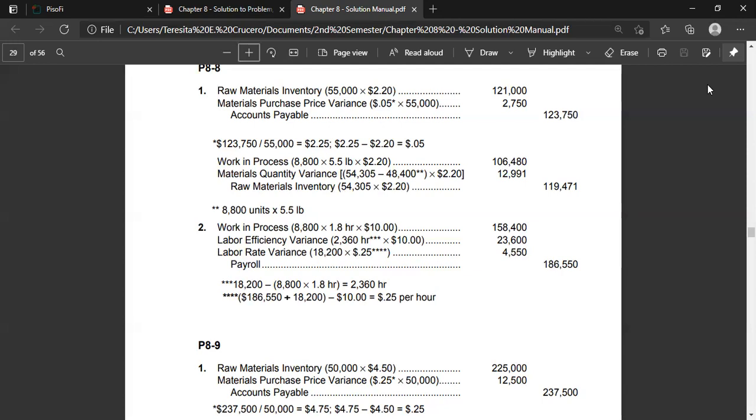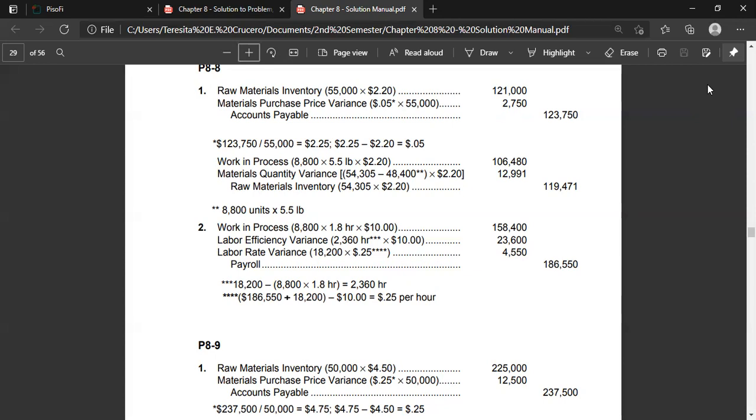We have a material purchase price variance equal to 5 cents times 55,000. The actual cost of materials is 123,750. That's the actual cost of materials. Then we have to divide by 55,000 pounds. So per pound, we get 2.25.